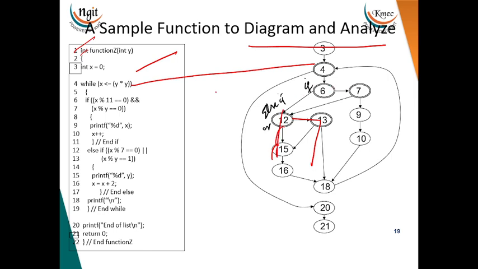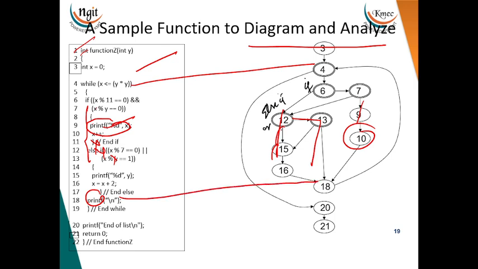And then 6: if this condition is not satisfied, where do I go? Print %d at 9. If the condition is satisfied, I come to 7 and print this statement, then go to 10. After that I skip this, then come to the print statement 18. After 12, if my condition is satisfied, then I go to 13, and after 13 I come to 18. So this is the path we have.